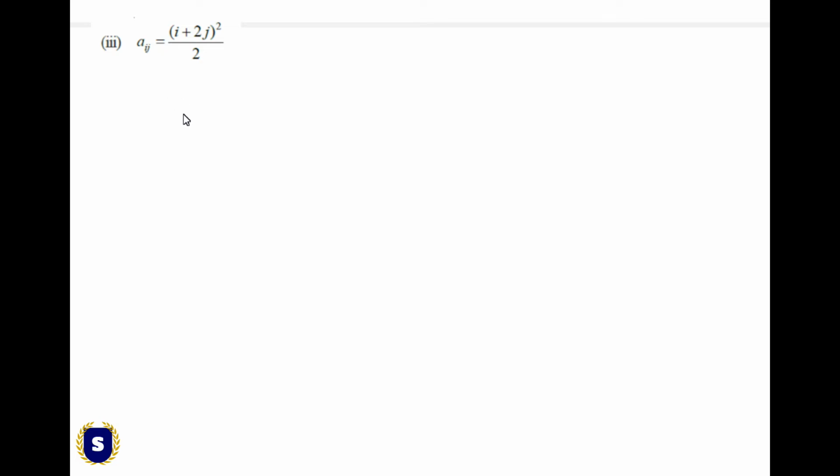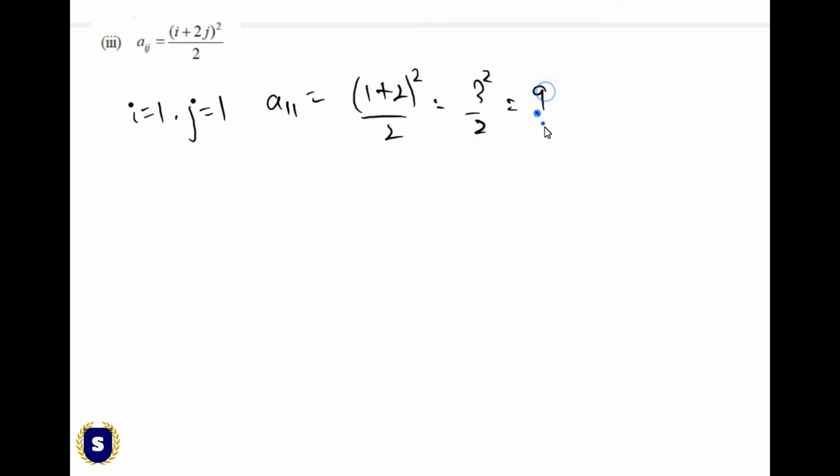Okay. So when i is equal to 1 and j is equal to 1, A11 comes out to be that is 9 by 2. i is equal to 1 and j is equal to 2, we'll get A12.